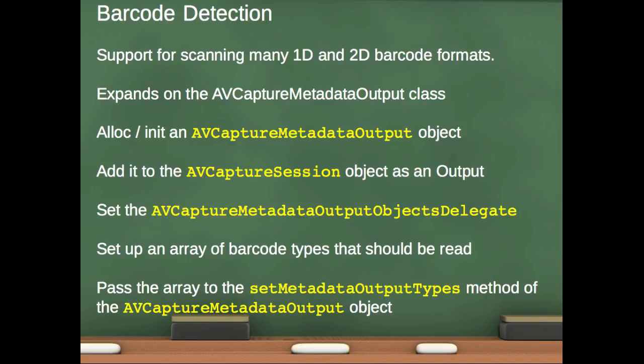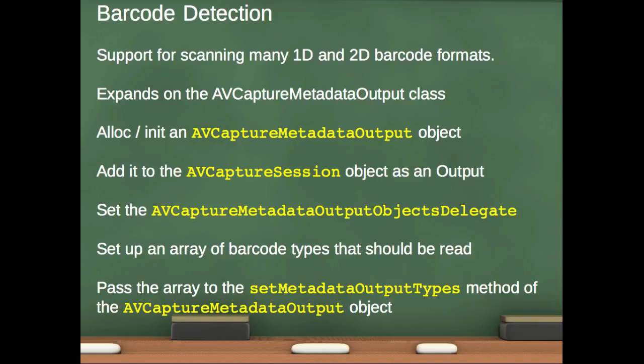Then we set the delegate, and the delegate is called AV Capture metadata output objects delegate. This is the delegate that will be used to capture the actual information about the barcode that will be used by your application. Then we need to set up an array of barcode types that should be read.